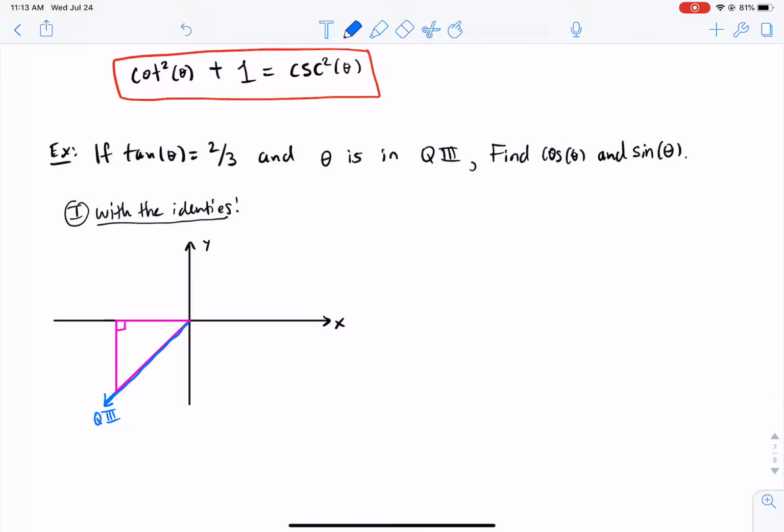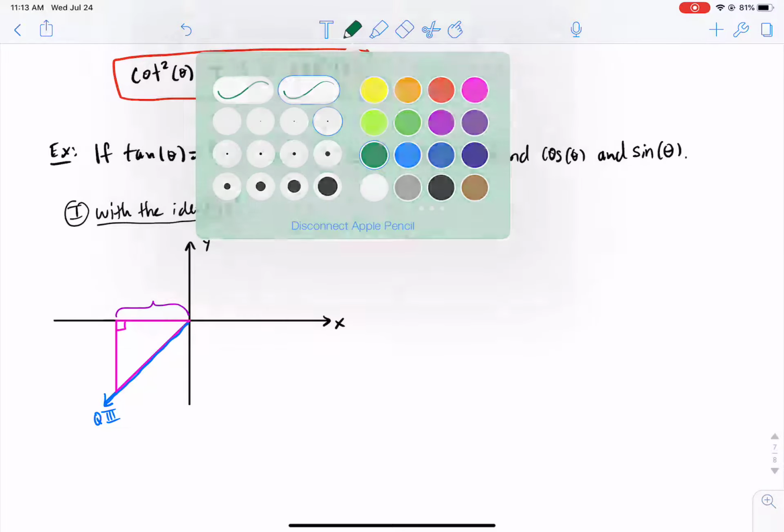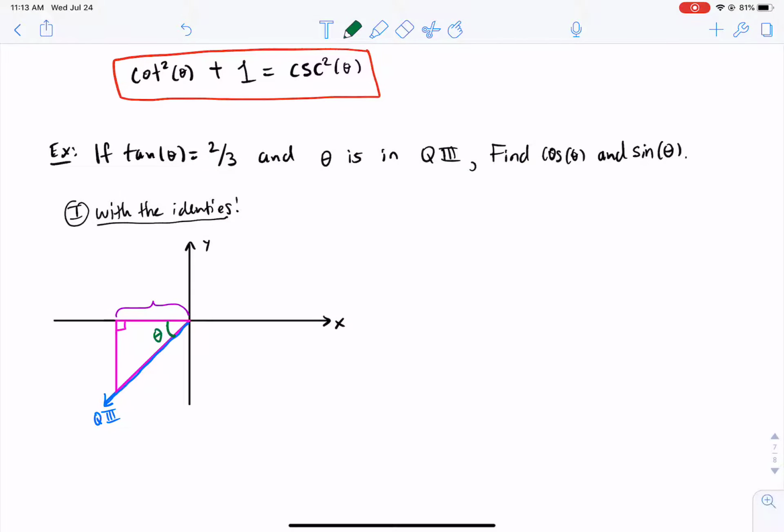What would be the length of this side right here? 3. So it will be convenient for us to call this theta right here. And tangent theta, if you remember, was opposite over adjacent. So the opposite to tangent will be 2 over 3.